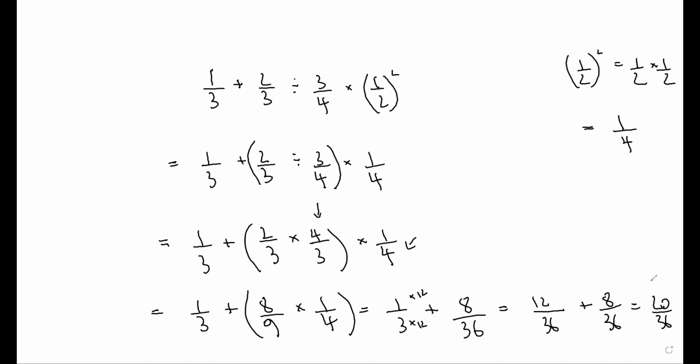20/36, which does reduce. At the very least, you could take a 2 out of it because they're both even numbers. So what's the maximum that you could take out of that? You could take a 4 out of the 20. I guess you can't really take that out of the 36. Let's just take a 2 out of it and see where it leaves us. So divide by 2, divide by 2, and you get 10/18.